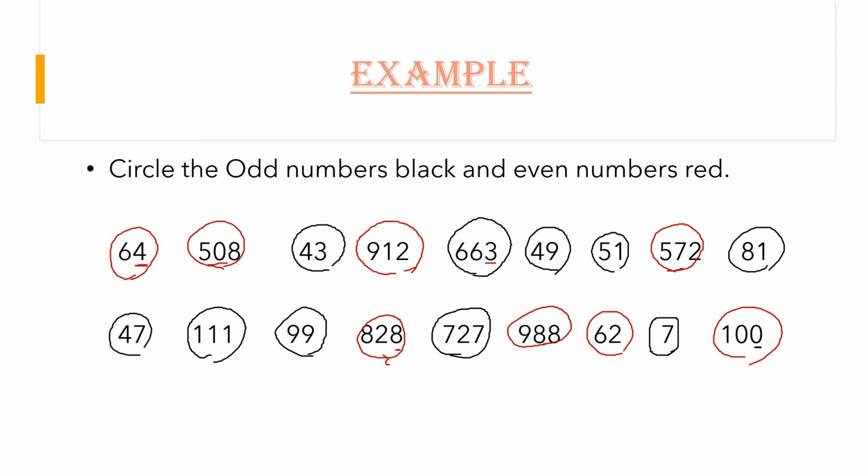So I hope it is clear now. You just have to look at the last digit of the number. If it is 0, 2, 4, 6 or 8, then that number is an even number. But if the last digit is 1, 3, 5, 7 or 9, then the number is an odd number.